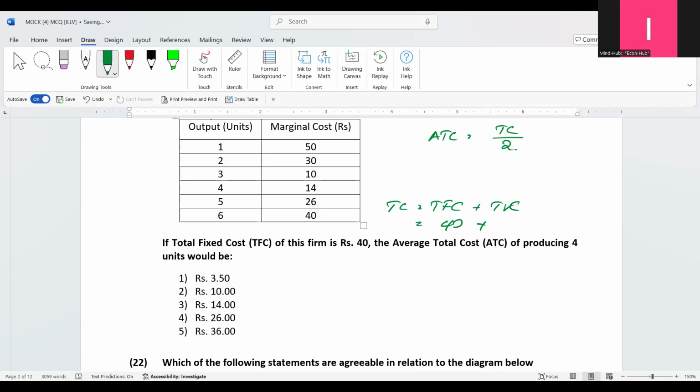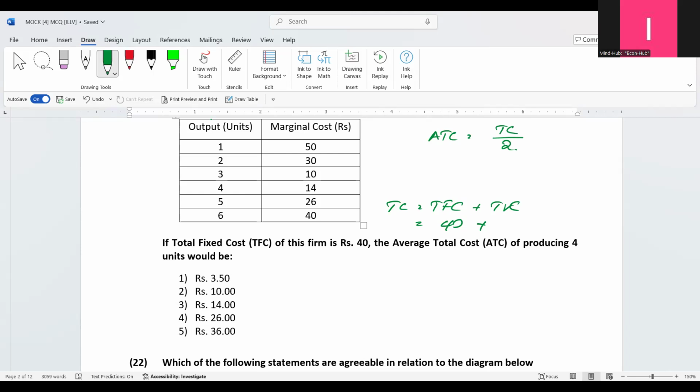So TVC, we go with the accumulation of marginal cost. At 0 units, variable cost is 0. Now we are producing 1 unit, marginal cost is 50, so variable cost is 50. Marginal cost shows the change in variable cost, right? Then we go to 2 units, another 30 is added, so 50 plus 30, 80.